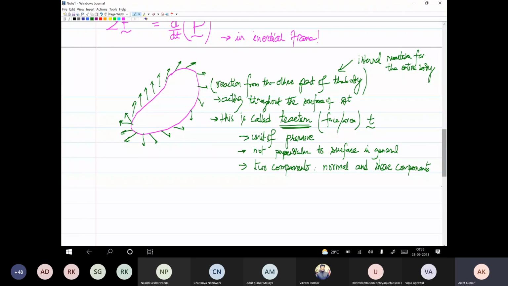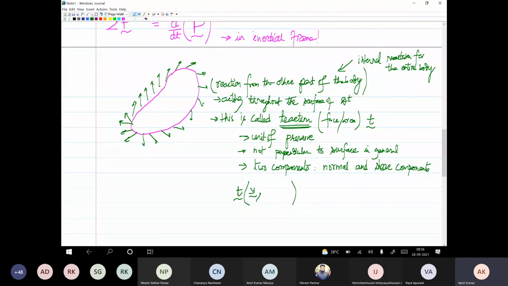Something more about this traction. As we saw, it has the unit of pressure and it has two components, normal and shear. And it will vary from point to point. So traction is therefore a function of the point where it is acting. What else is this a function of? N, the surface normal. Yes, you guys are right.